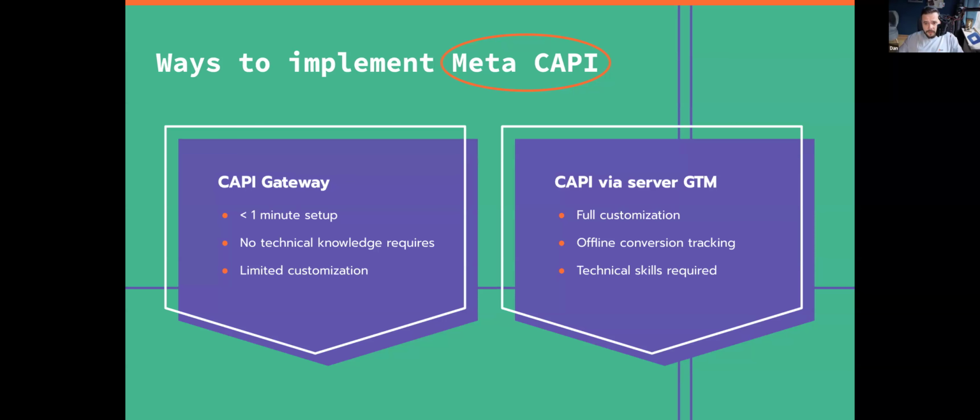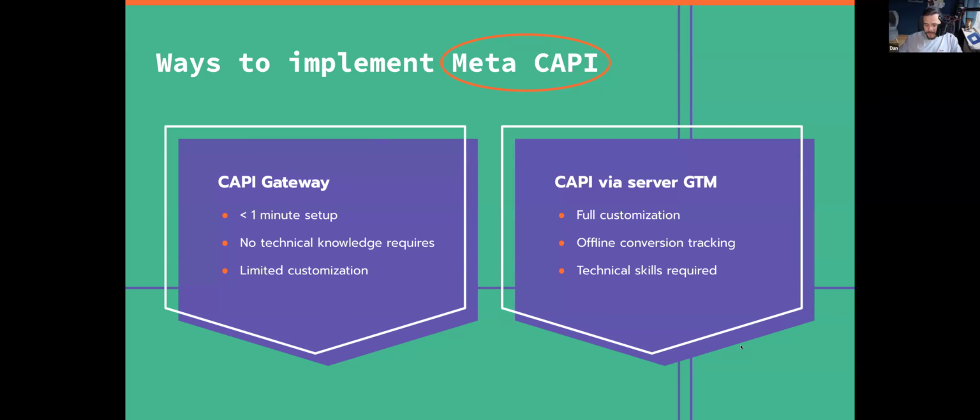The conversion API, though, has a couple of routes. We have the conversion API gateway, which is a very, very easy tool. And if we assume that you have pixel implementation, so client-side implementation ready, then you can hook this up within just a couple of clicks in the interface and have your server side going.